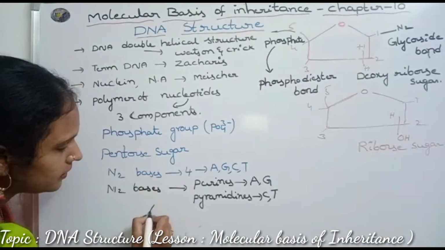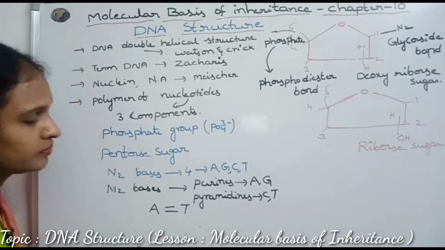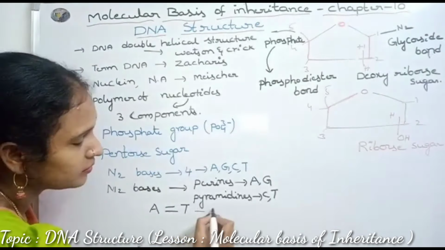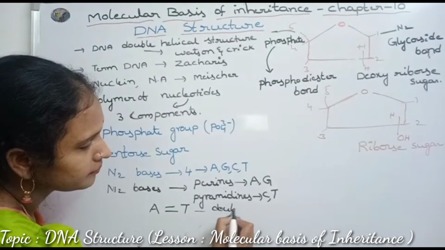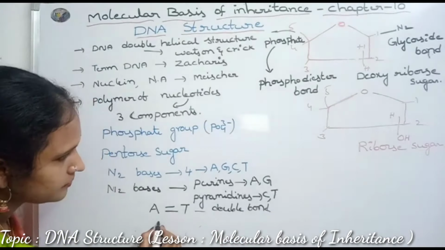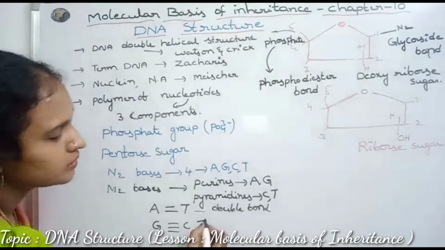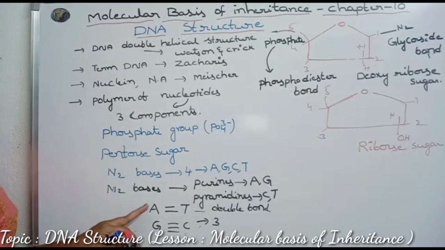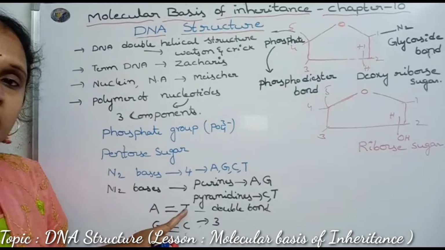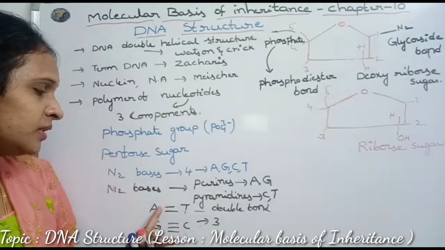So A is always paired with T with a double bond. G always pairs with C with a triple bond. One purine, one pyrimidine.